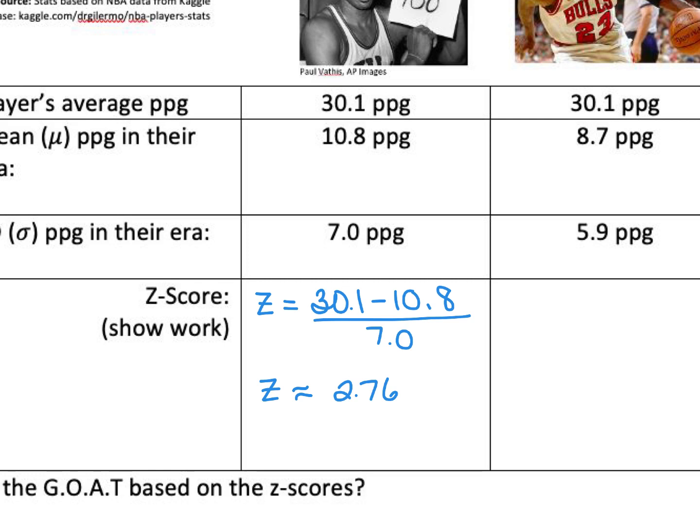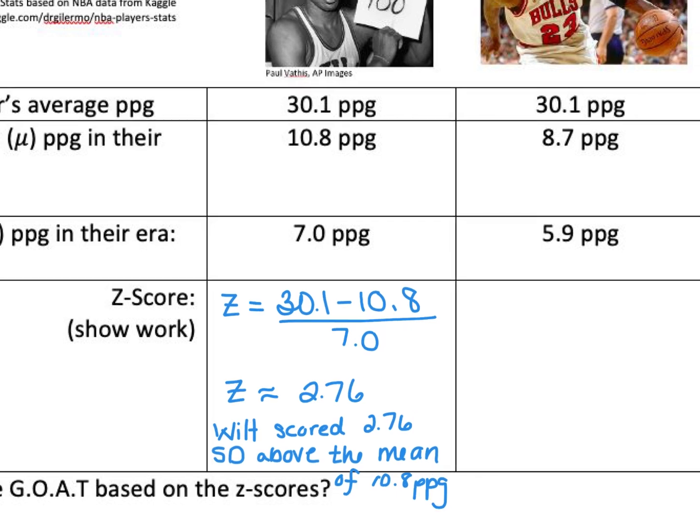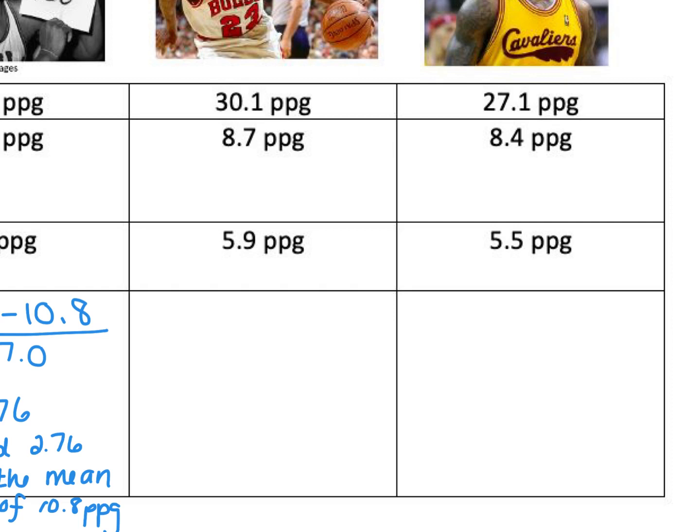So I'm going to interpret this. This tells me that Wilt scored 2.76 standard deviations above the mean of 10.8, which is pretty unusual. We're going to start to see that anything above 2 standard deviations away from the mean is considered an unusual value.